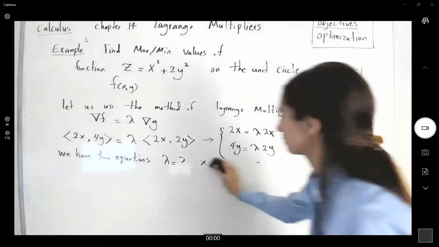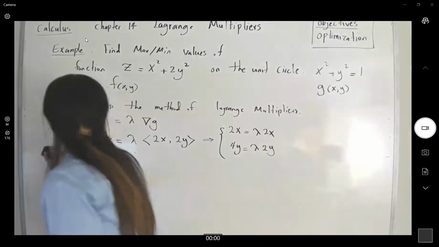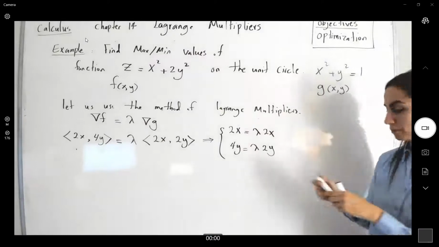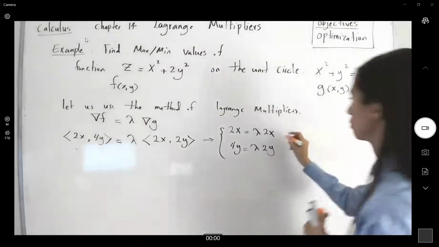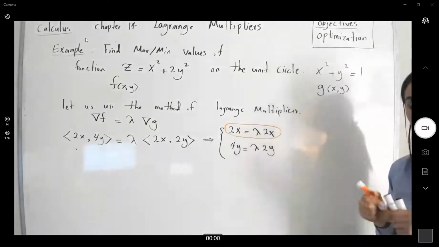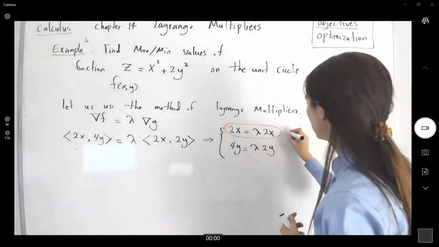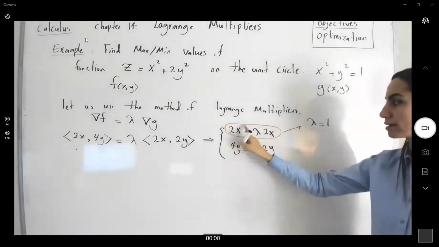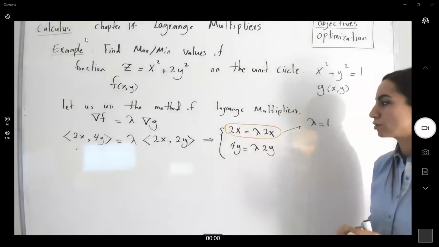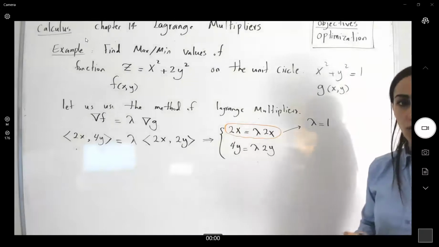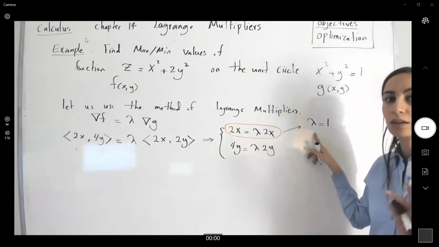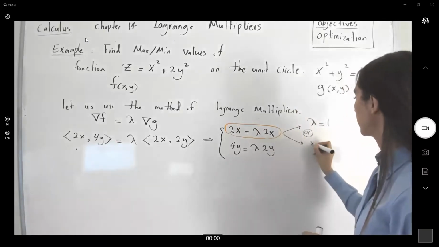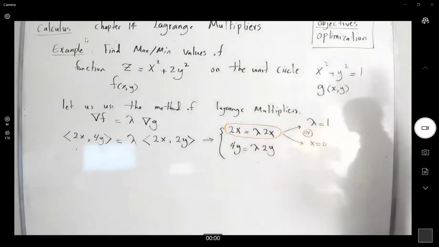Let's see what we have here. I'm just focusing on the first equation. By solving the first equation, I have two cases. Lambda is equal to 1, because if I cancel out 2x, lambda is equal to 1. Or if lambda is not equal to 1, x must be 0.